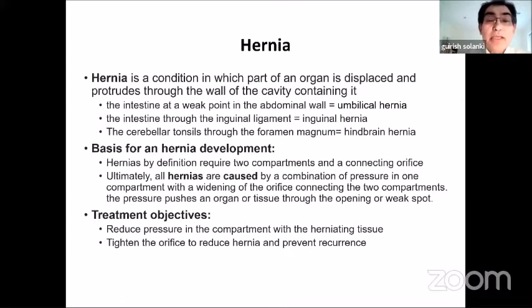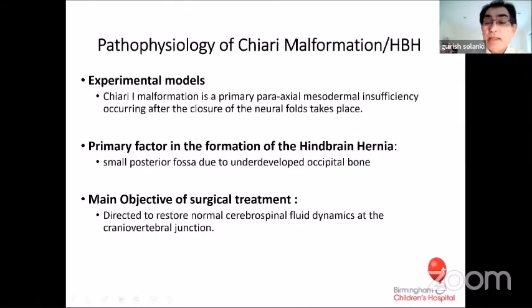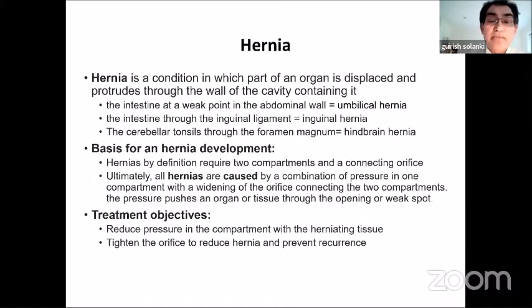But what we actually are doing is the opposite, isn't it? We are increasing the size of the orifice, and that, in terms of the physics of a hernia, would be counterproductive. Because if you increase the hernial orifice, you're likely to increase the amount of herniation from one compartment to another.